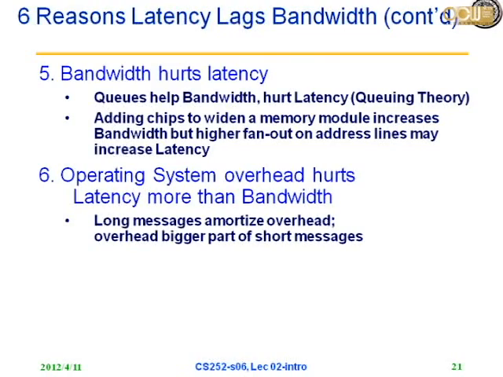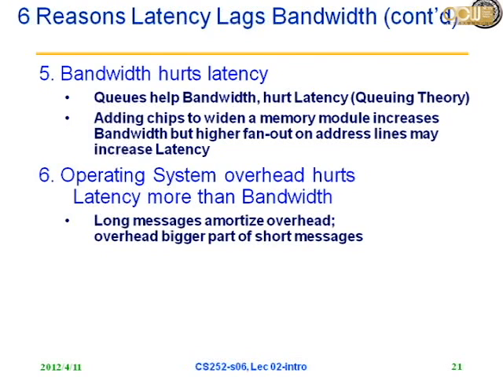So if the speeds of the producer or the consumer or both are not stable, then queues can help bandwidth. But whenever there's a queue, results go into the buffer and then out of the buffer, which will increase latency a lot. So using a queue will hurt latency. Adding chips within a memory module increases bandwidth, but higher fan out on address lines may increase latency, which is another example of how bandwidth hurts latency.